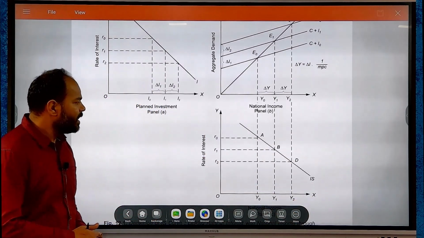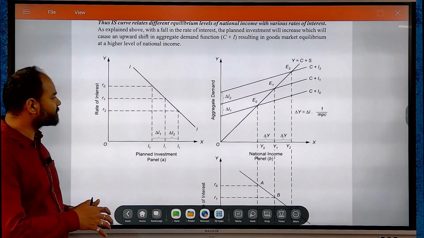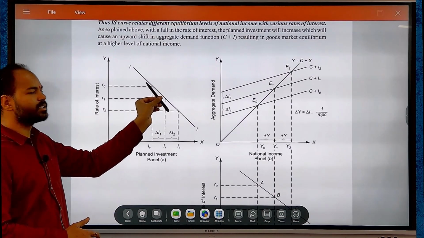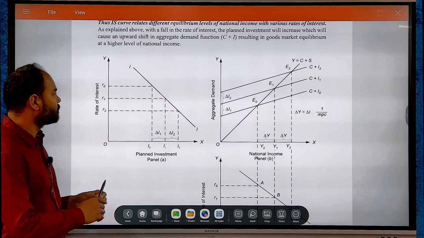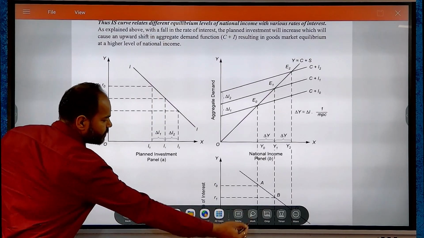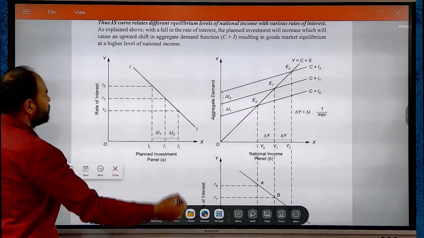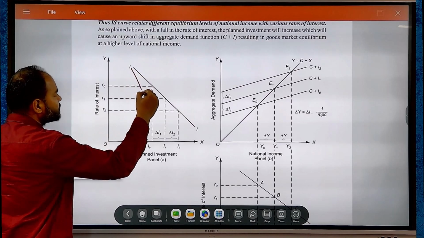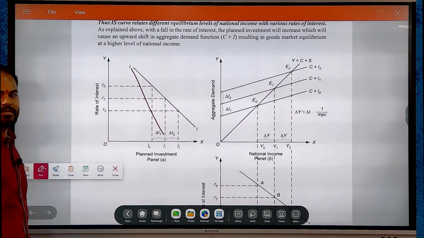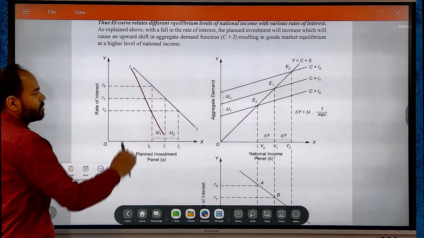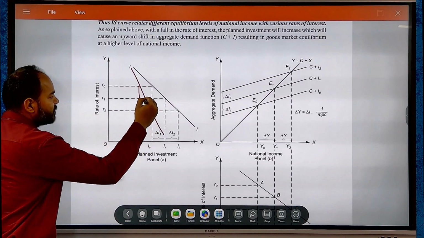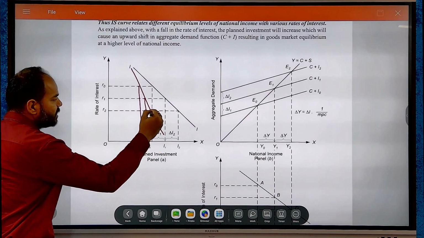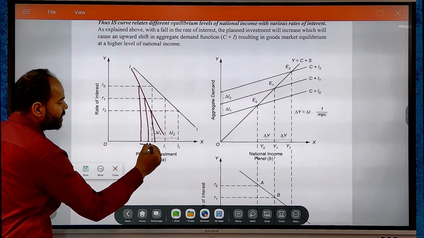Now, if the elasticity of investment is less, the curve will look something like this, more steeper in nature, and at that time the increase in investment will be very small.